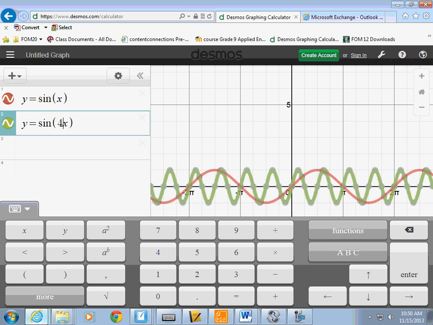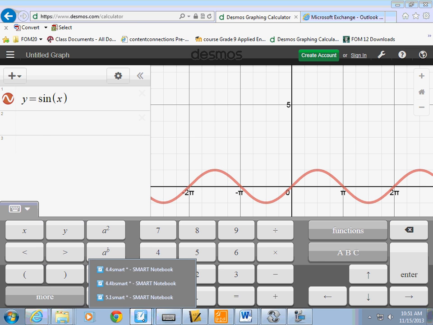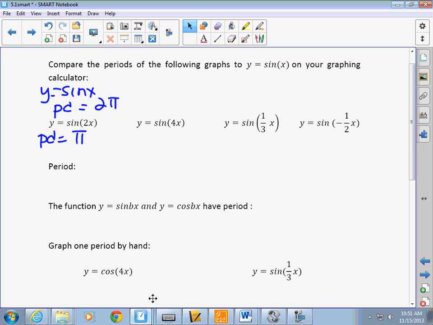Okay, at y is equal to sine of 4x, I repeated here at pi over 2. By the time I got to 2 pi, I had 1, 2, 3, 4 repeats, or 4 cycles done. Right. So then, for this one, my period was equal to pi over 2.